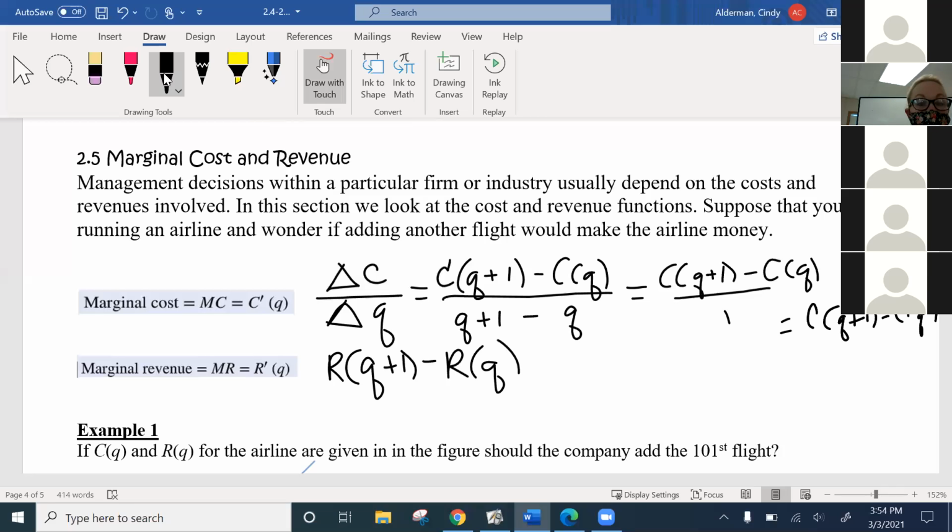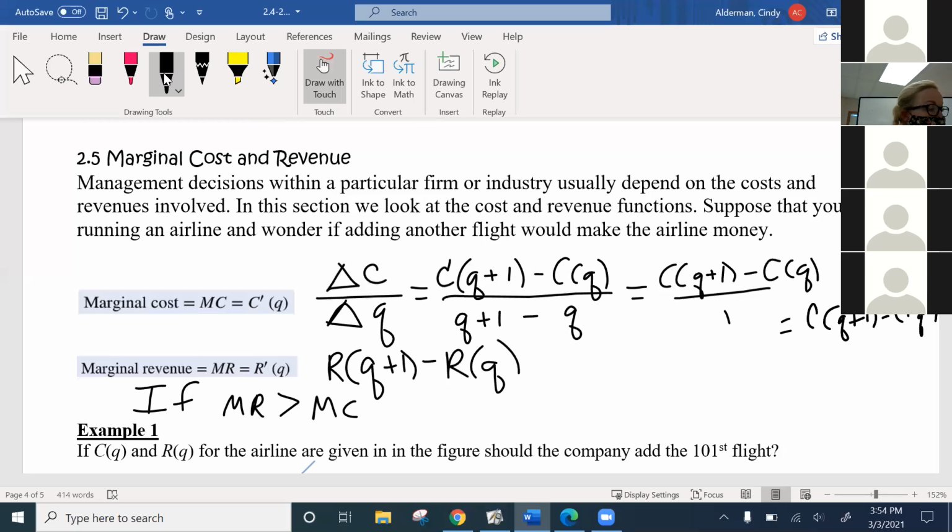And just one more thing I want to say about that, and that is if the marginal revenue is greater than the marginal cost, and as long as the decision of creating one more flight is purely financial, sometimes it's not, right? Sometimes there's other factors besides making money involved.